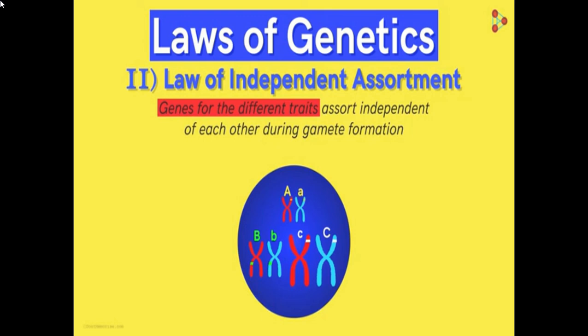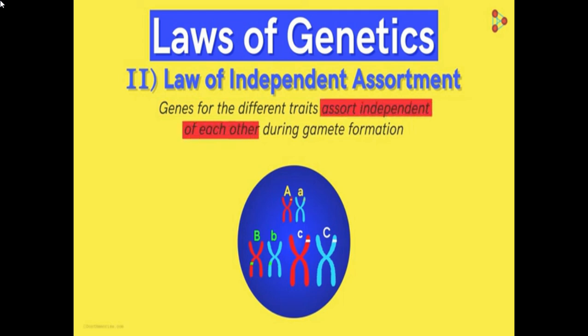So here we have the gene sets AA, BB and CC on these respective chromosomes. These are the genes for different traits. Now the second part states assort independent of each other. This means the genes will not have a fixed pattern to follow when they segregate in the cells.